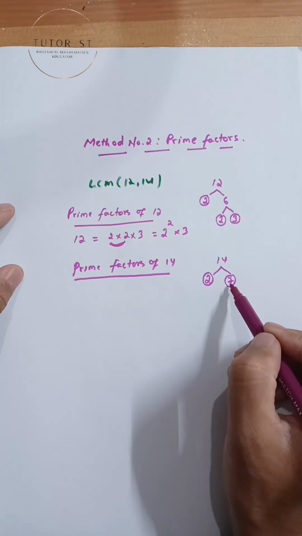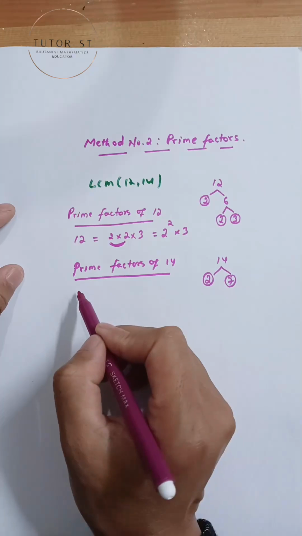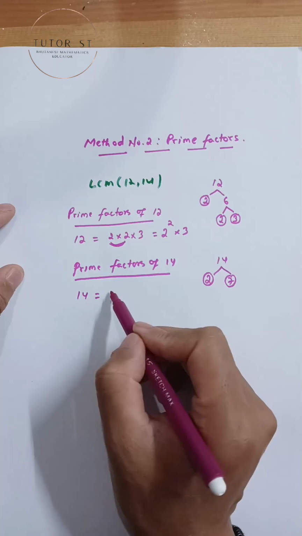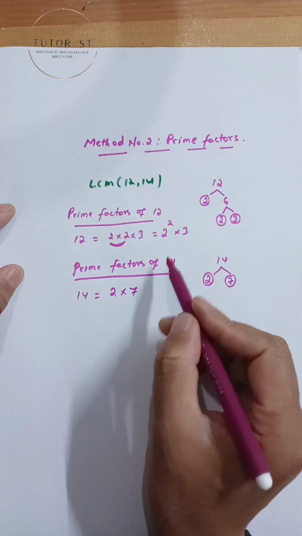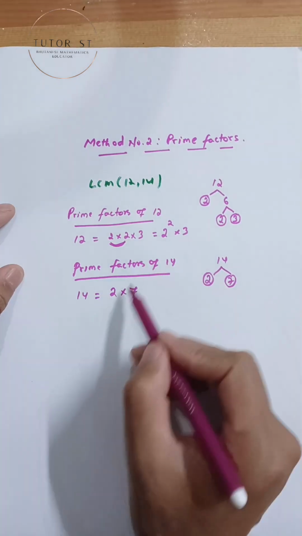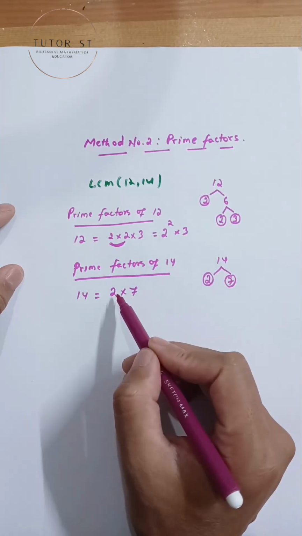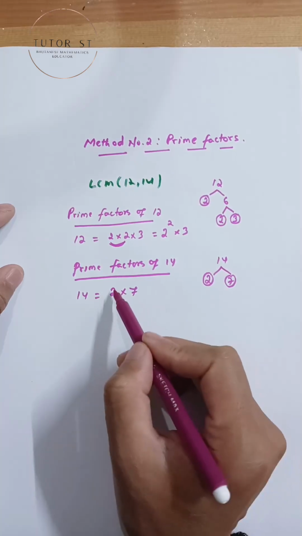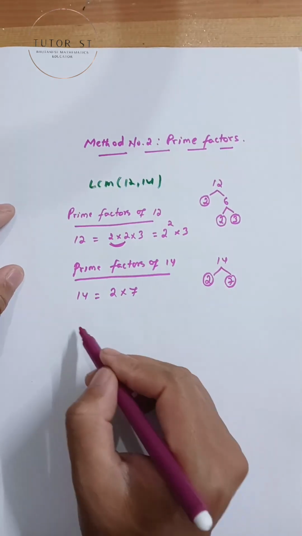So as soon as you get your prime number, you do not have to split it. So the prime factors of 14 are 2 and 7. I do not have to write this in power form, because it is already in the simplified form, as we just have one 2 and one 7.